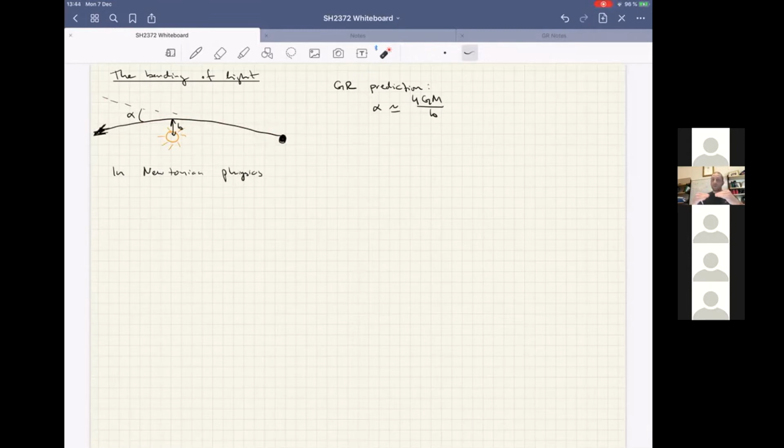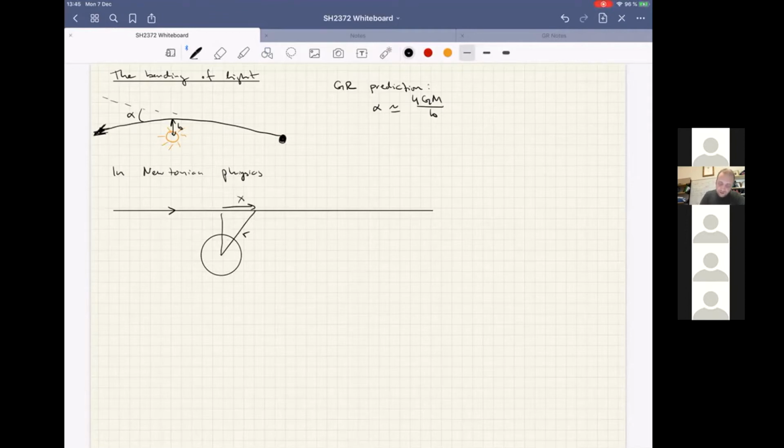by computing the velocity now induced orthogonal to the original direction of motion. So I'm going to take something like this. So I have the gravitating body there. I move along like this. And so if this is r, I'm going to use this x coordinate.